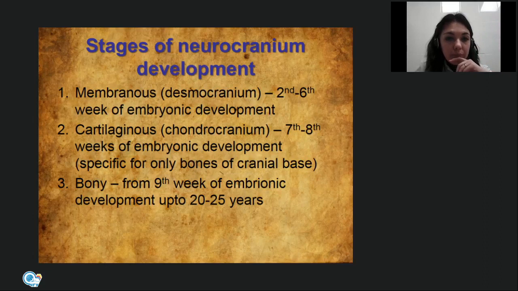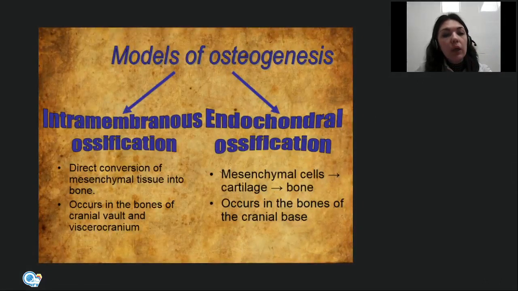Okay. So that's what we're talking about, 2 ways of ossification, just to remind you. There is intramembranous ossification, the direct conversion of mesenchymal tissue into bone, and it occurs in bones of the cranial vault and also the viscerocranium. And endochondral ossification is indirect conversion: mesenchymal cells form cartilage and cartilage forms bone.